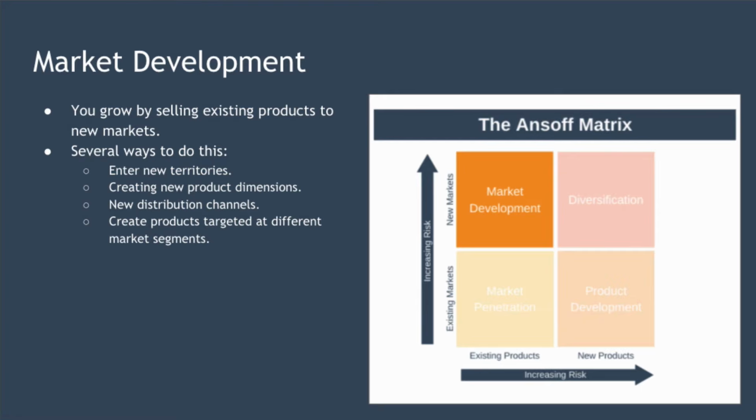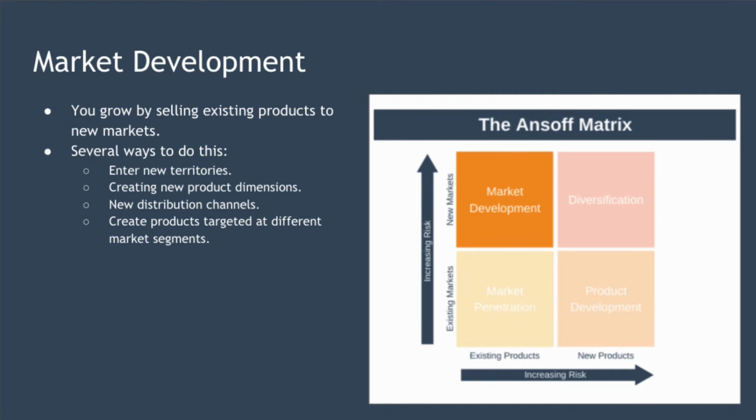Now, there are several different ways in which an organization can seek to develop a market, such as entering new territories, for example, launching your product in a new country. Creating new product dimensions or new packaging could mean creating different sizes of your product.